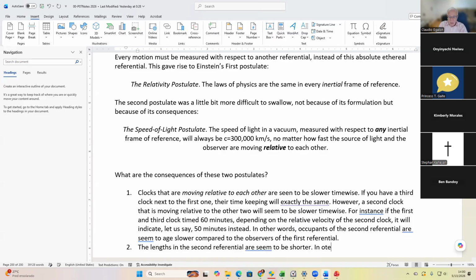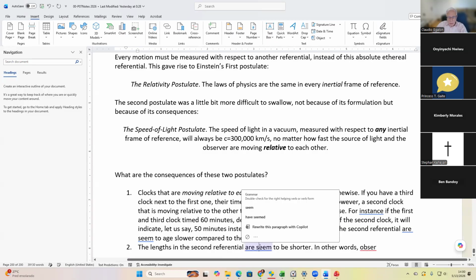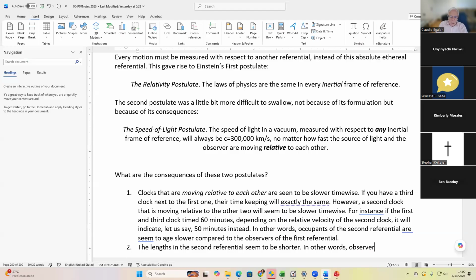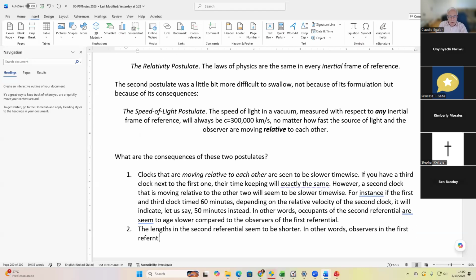In other words, when observers in the first referential measure the length of a given ruler in the second, not just a ruler, but anything that has a length in the second referential, they find the ruler to be shorter, okay?